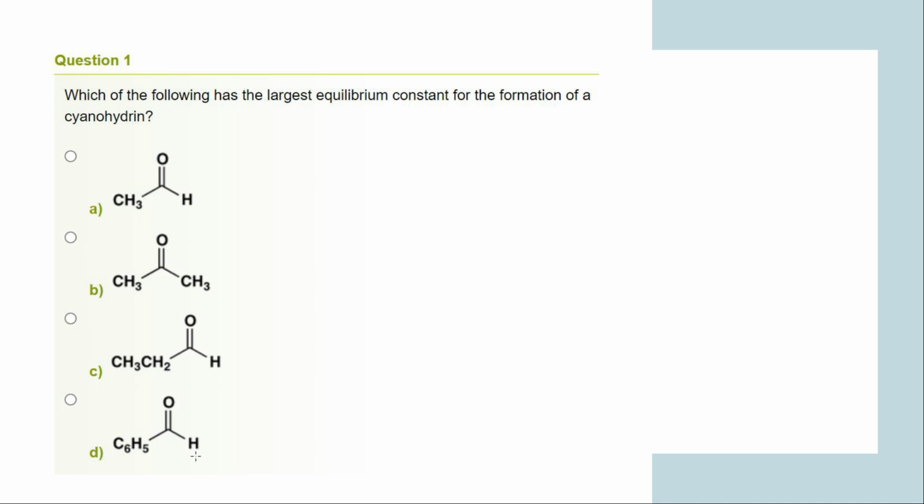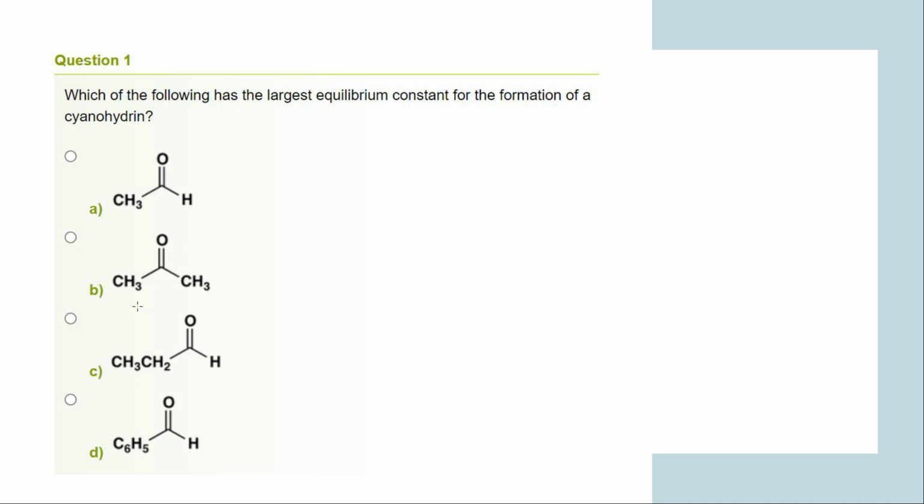So as compared to aldehyde, the ketone carbonyl carbon is a little more electron rich. So when it comes to reactivity towards nucleophilic addition, aldehydes are more reactive. So directly we will eliminate option B here. Now we are left with options A, C and D.